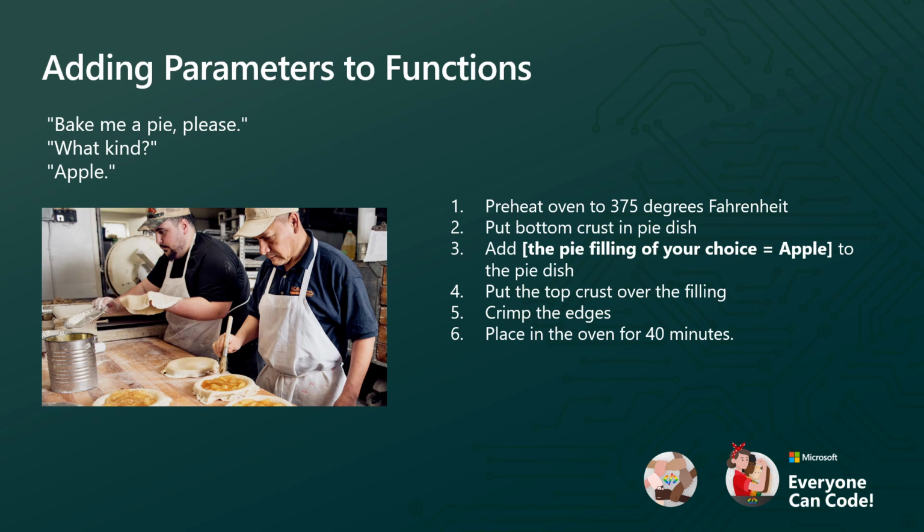We're going to put our bottom crust in the pie dish. We are going to add the pie filling of our choice, the variable, which is apple, to the pie dish. We're going to put the top crust over the filling, crimp the edges, and place it in the oven for 40 minutes. And so we have run the make a pie function with the type of pie variable.